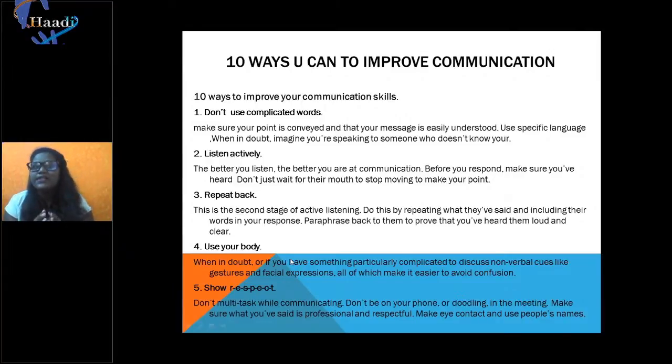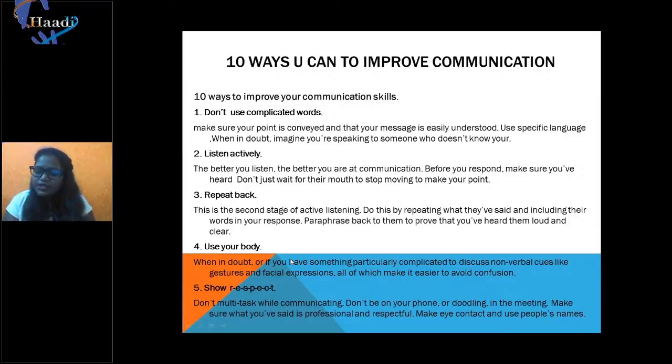This will obviously hurt the other person. It shows that we are not respecting them. By working on these five points, you can improve your communication. These five points will help you communicate with a person whom you don't know, or at home.